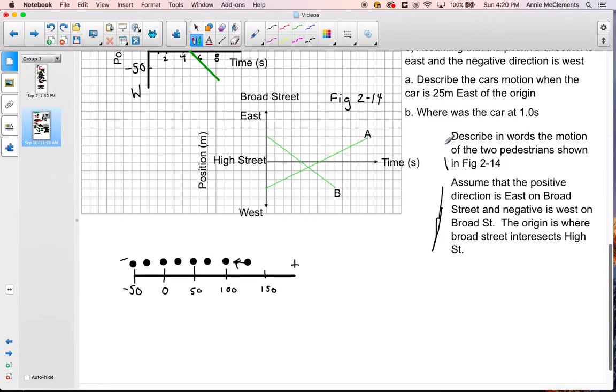This one here. Describe in words the motion of the two pedestrians shown in the figure, right? So we have pedestrian A, pedestrian B. This position versus time graph describes their motion. So you're going to go ahead and write down a few sentences talking about what they're doing and how they're walking. So go ahead and pause and give that a second, and then click play and we can talk about our answers.